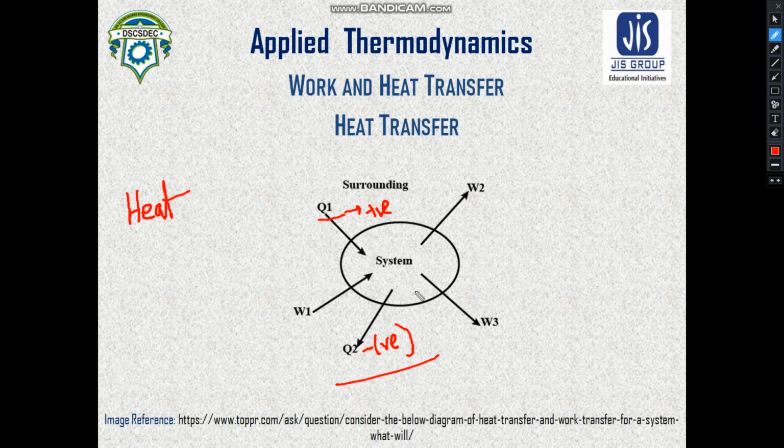The temperature and pressure always remain constant in case of the phase change. So whenever the phase change process is occurring, though some amount of heat is transferred, it doesn't manifest in the increase of temperature.